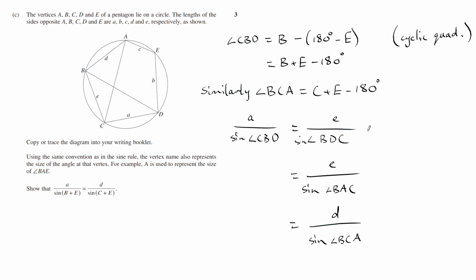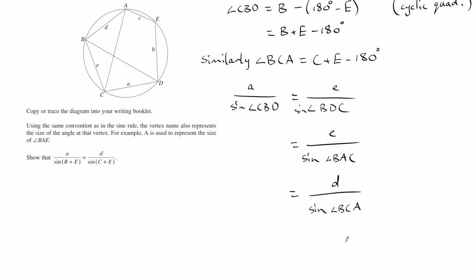I should probably say something similar here. This is from the sine rule in triangle BDC. Okay, so now we've got that equals that. And now we can apply these things that we found. So this becomes A on sine B plus E minus 180. And this one was C plus E minus 180.